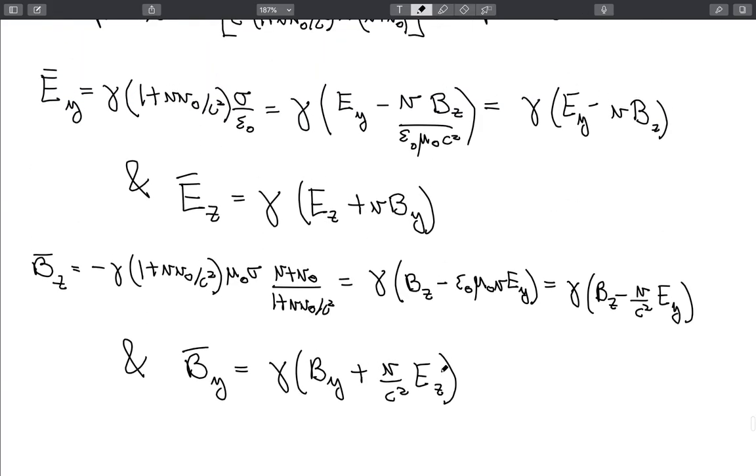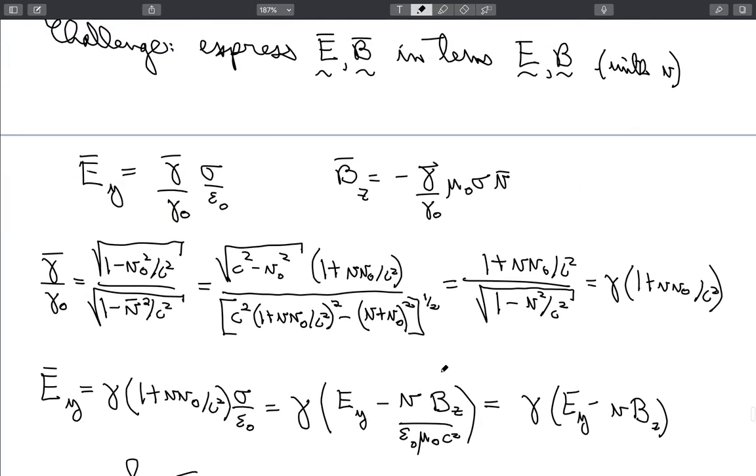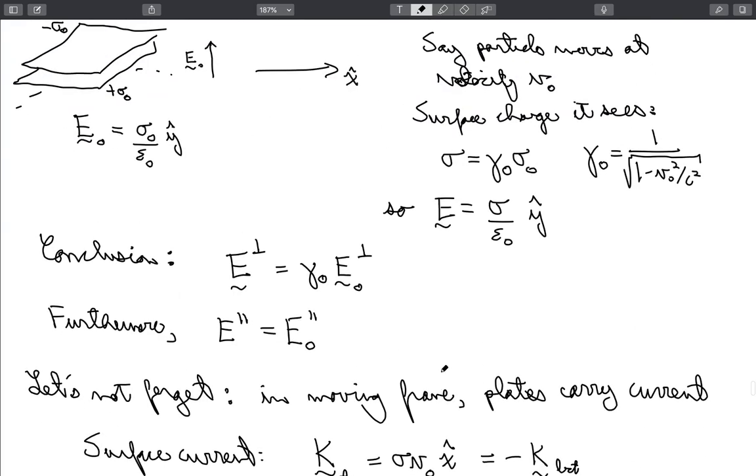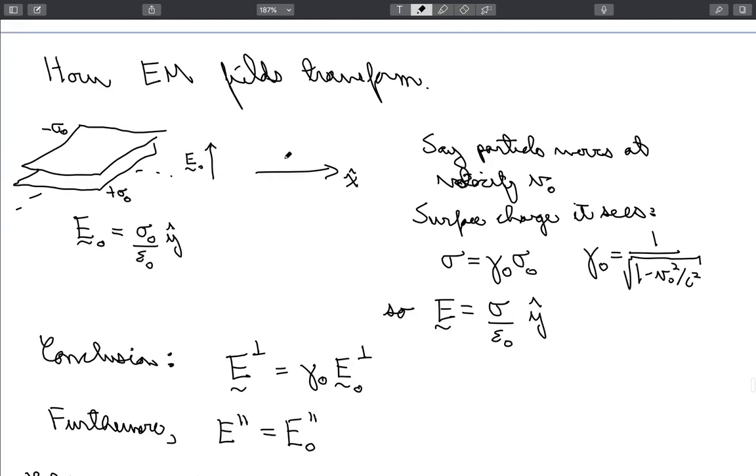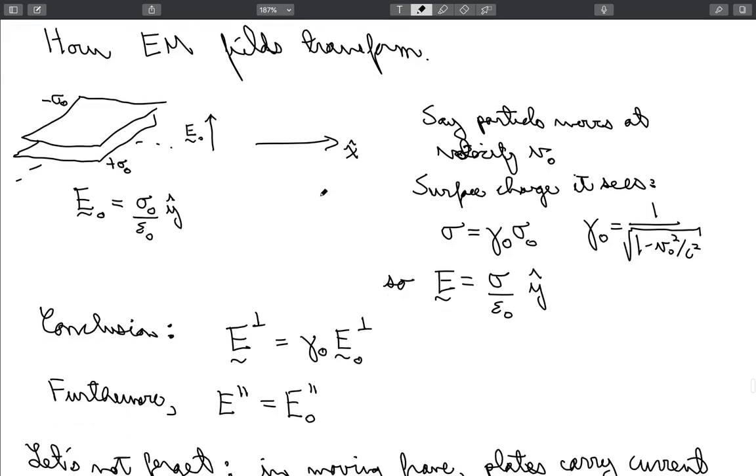So these are for the components of the electric and magnetic fields perpendicular to the motion that we have, right? So we now know how these perpendicular components transform. Now we just need to have the components parallel to the motion.